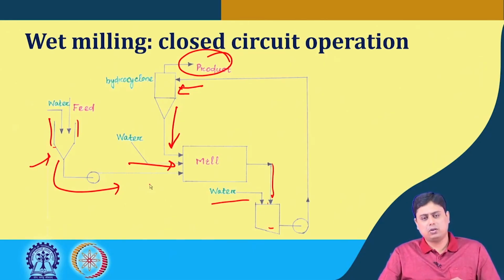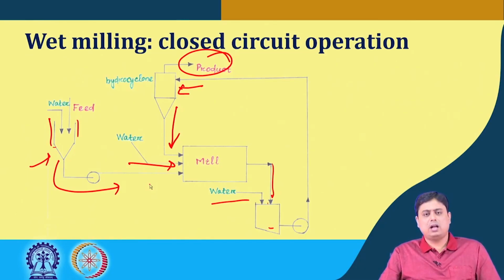So you have better control on the mean size of the product and the size distribution of the product, as well as this closed loop operation we have seen in terms of wet milling and dry milling operation. In the wet case, we have water as the carrier medium. In the dry milling case, we have dry air as the carrier medium. Both have their pros and cons. Based on this, we have to choose an appropriate size reducing equipment.